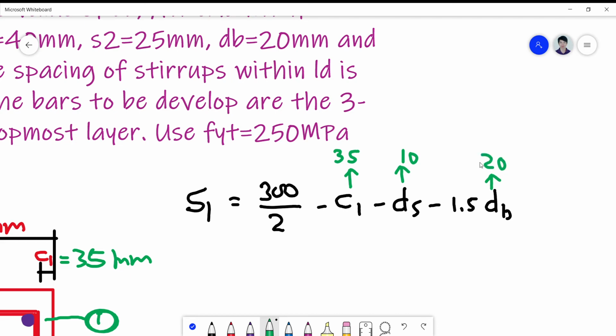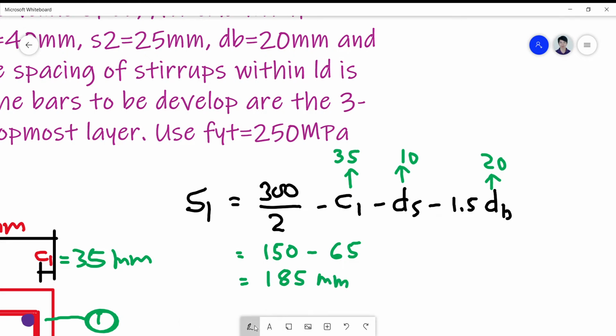Okay, so this has a total of 150 minus 65. So this becomes 185 millimeter. Okay, so that's the way to do it.